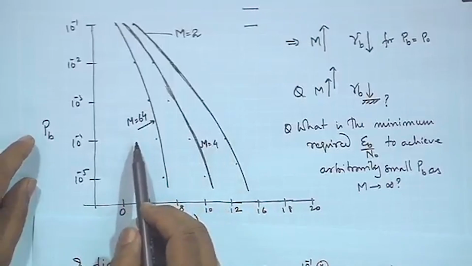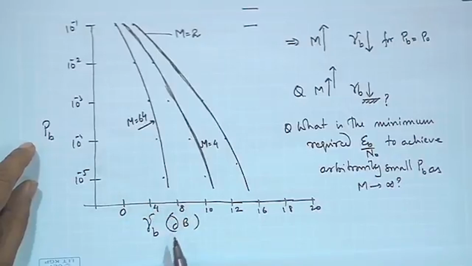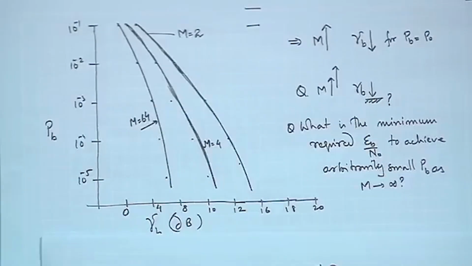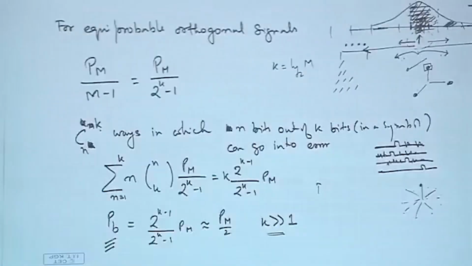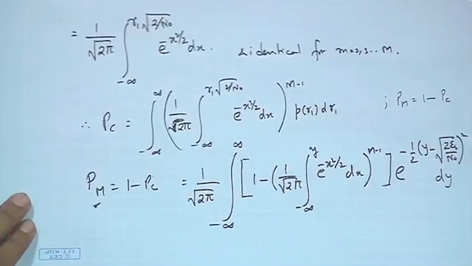We have not done anything special, simply by solving that error probability expression as a function of Eb by N naught, you generate this curve. It might be quite surprising why we have this kind of a result, and unfortunately, by looking at the expression we have here, it might not be feasible to straight away comment on why such a thing happens.